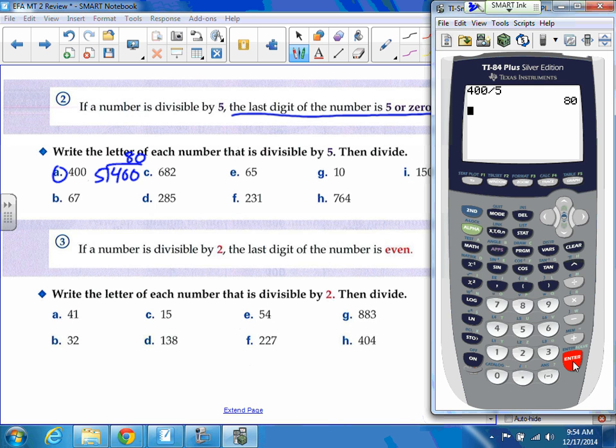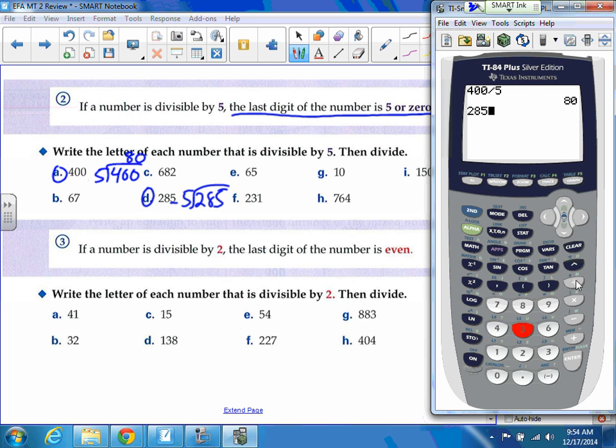I look at B, 67. It does not end in a 0 or 5, so I don't worry about B. I look at C, it ends in a 2. It doesn't end in a 0 or a 5, so I know I can't divide by 5. Then I look at D, 285. It ends in a 5, so I know I can divide this one by 5. So 285 divided by 5.